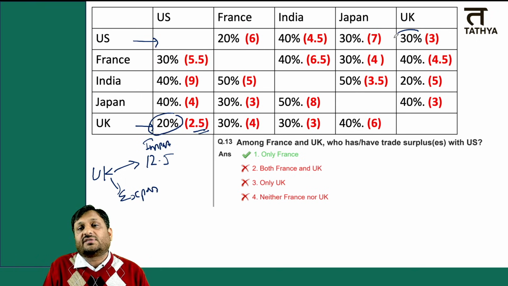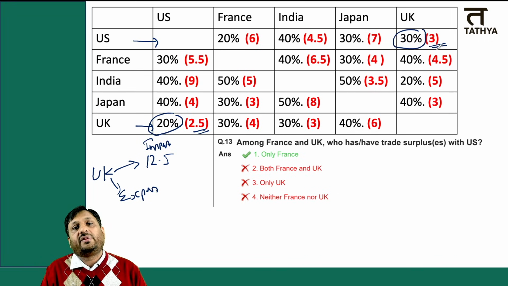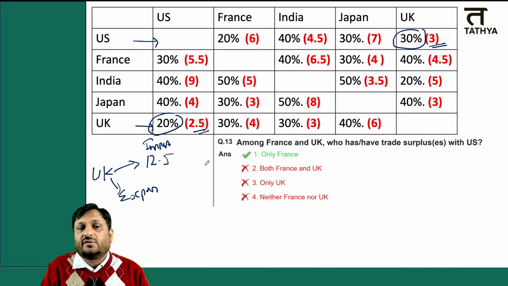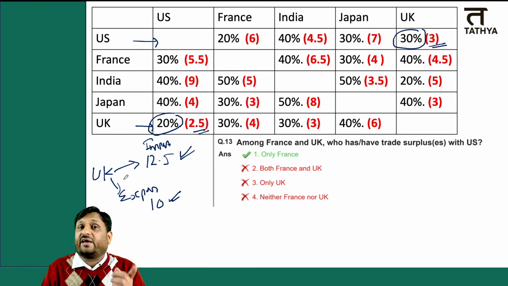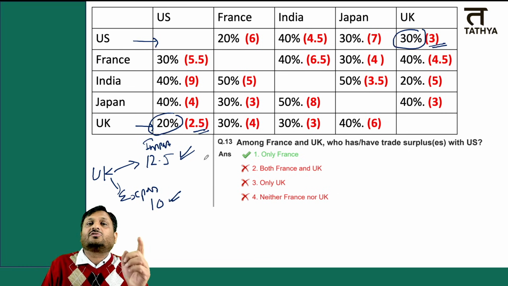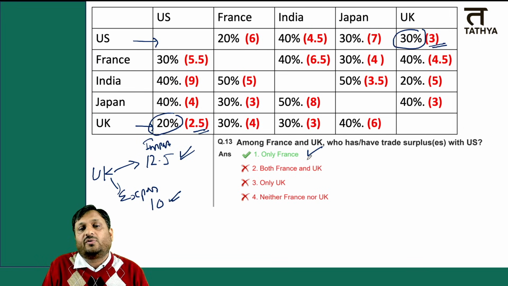The US is charging 30% tariff, which is equal to 3 billion. So, 30% is 3 billion, 100% should be 10 billion. So, it is 10 billion. So, it means the UK is importing more and exporting less. So, the UK is under trade deficit. The UK is not at trade surplus, UK is at trade deficit. France was at trade surplus, so the answer should be only France. The answer of this question is option 1.